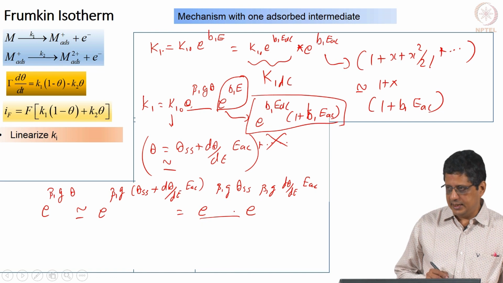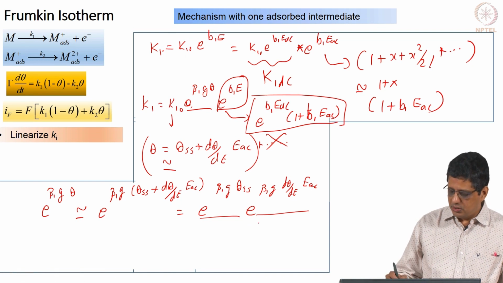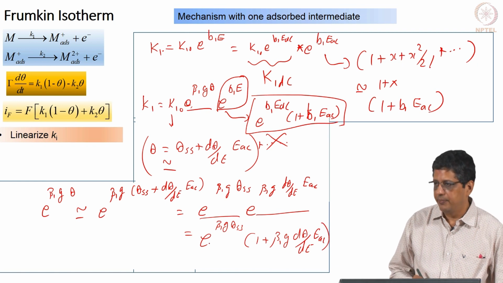This I can leave as it is. This I can again expand in Taylor series and truncate it. So, this I would write as an approximation here.